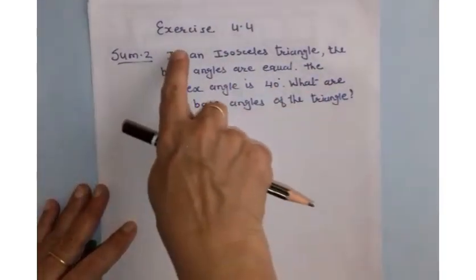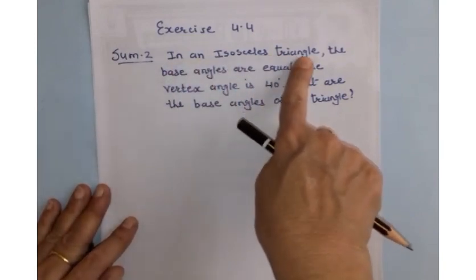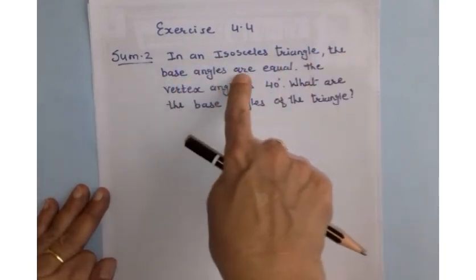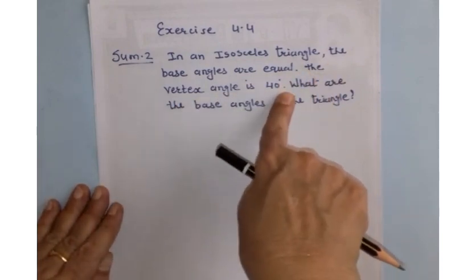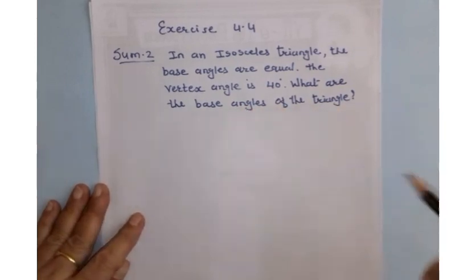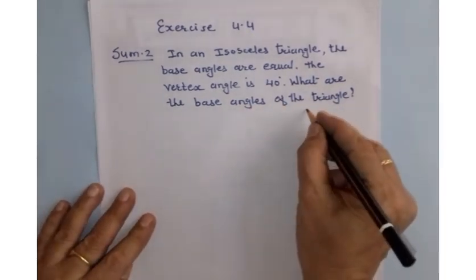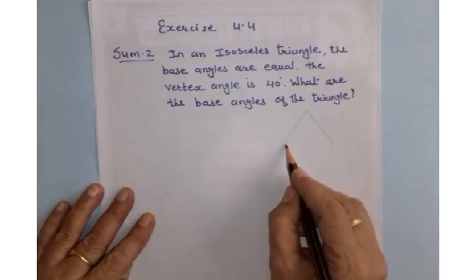Students, moving to second sum. What the sum says? In an isosceles triangle, the base angles are equal. The vertex angle is 40 degree. What are the base angles of the triangle? Now children, tell me, in an isosceles triangle, how many sides are equal?